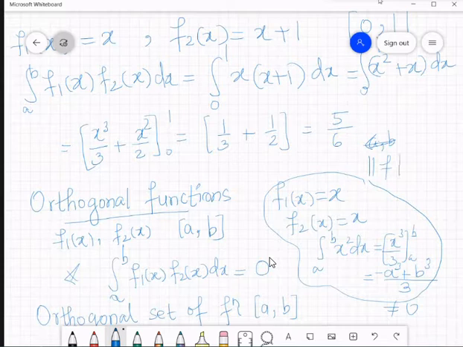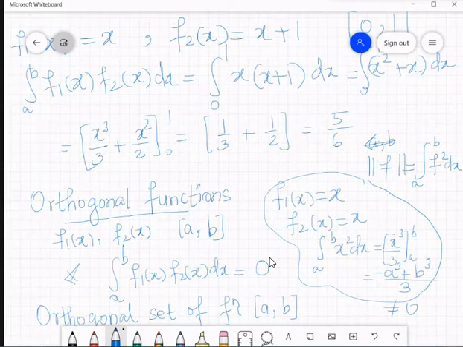The norm is denoted by this double mod with double lines over here. What is this equal to? It is the inner product of f with itself, integrated with respect to x over the interval a to b.